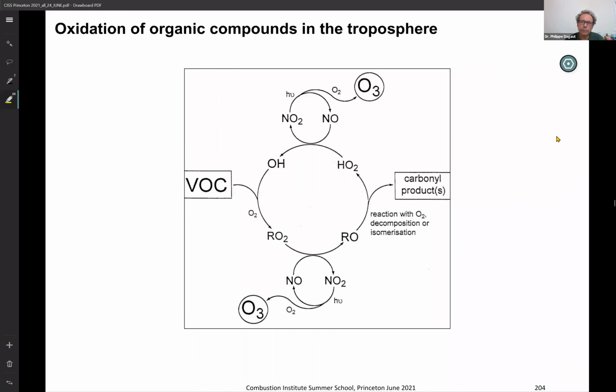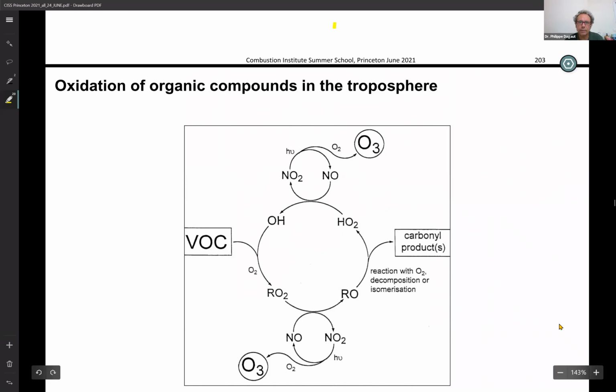Once these species are emitted in the troposphere, they get oxidized by OH radicals, which will produce another radical from the species. For example, if it was methane, you would get the methyl radical, which can react with molecular oxygen to form CH3O2.